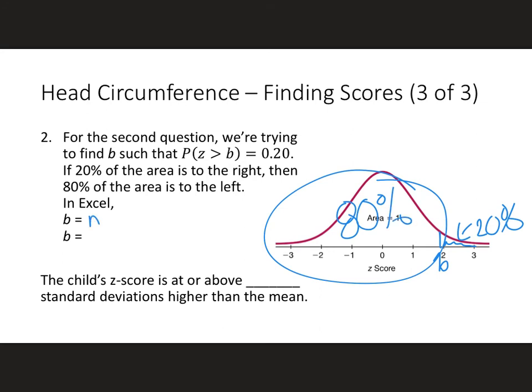I'm going to go to Excel and do norm.s.inv of 0.8, and then you should get 0.8416. So the child's z-score is at or above 0.8416 standard deviations higher than the mean.